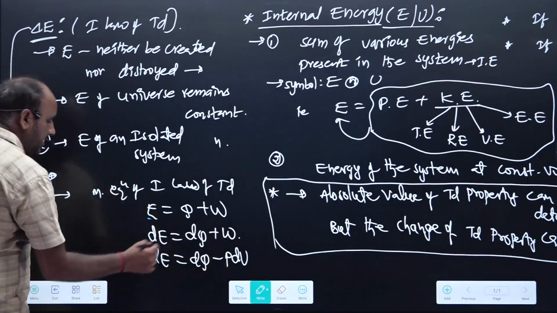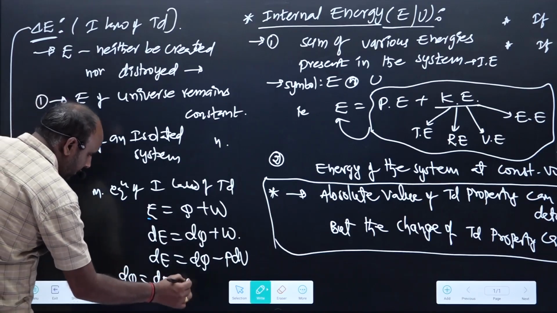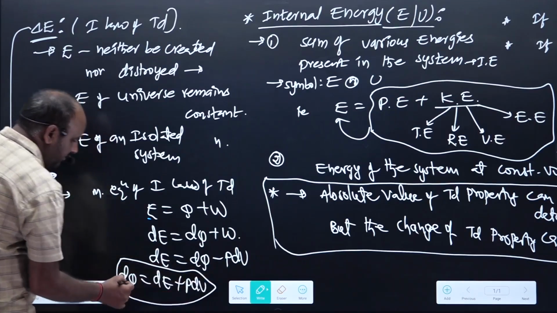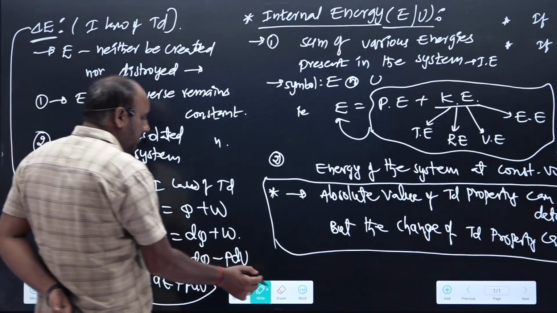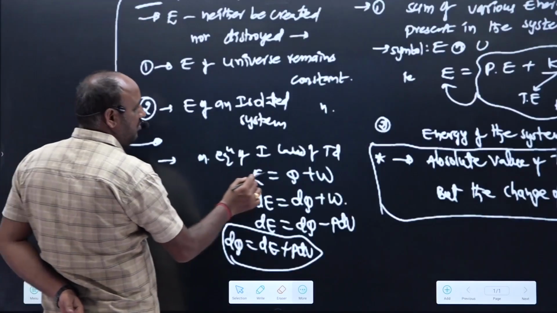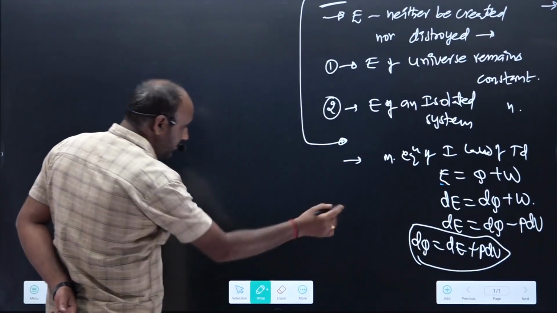Therefore dQ is equal to dE plus PdV. So this is the mathematical form of the first law of thermodynamics. With the help of this, we are going to explain the change of internal energy.